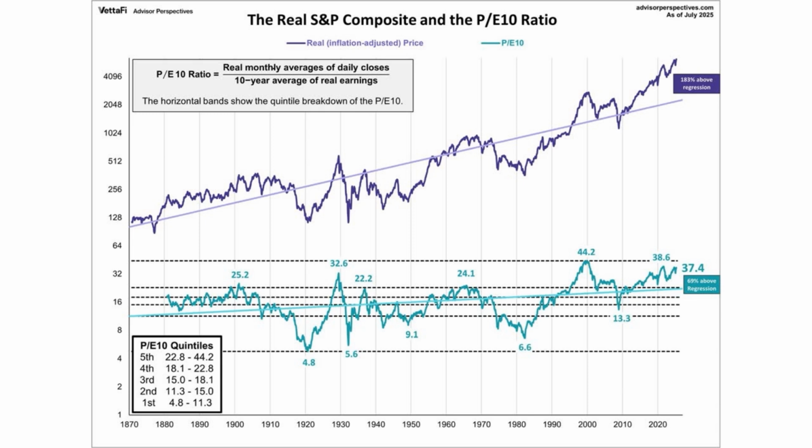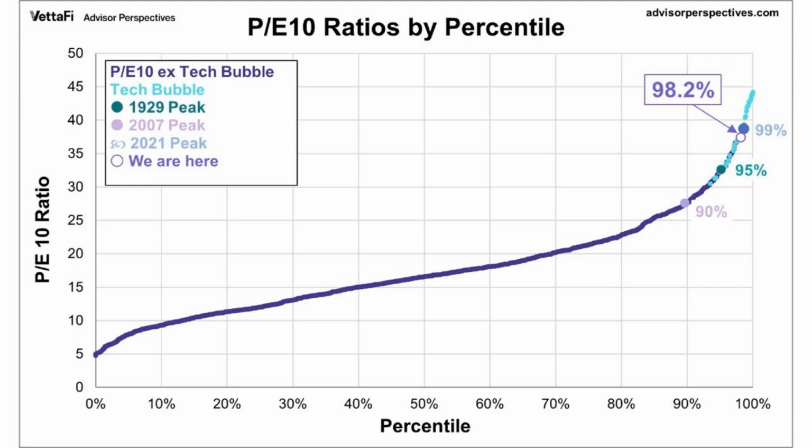The long-term average for the PE10 is 17.6, but as you can see, it has had some dramatic swings. Our current ratio of 37.4 is 69% above its long-term trend line, giving us a much clearer picture of where the market stands today.